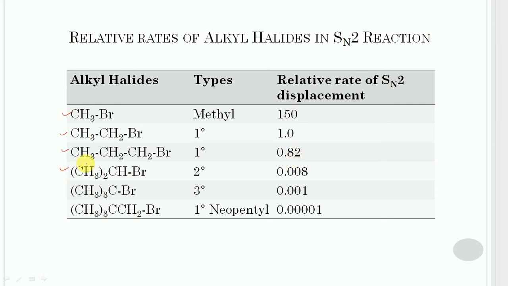In the case of secondary, it is 0.008, and in the case of tertiary, it is 0.001, and in the case of neopentyl, it is very slow. So it is the structure of the alkyl halide which is affecting the rate of SN2 reactions.